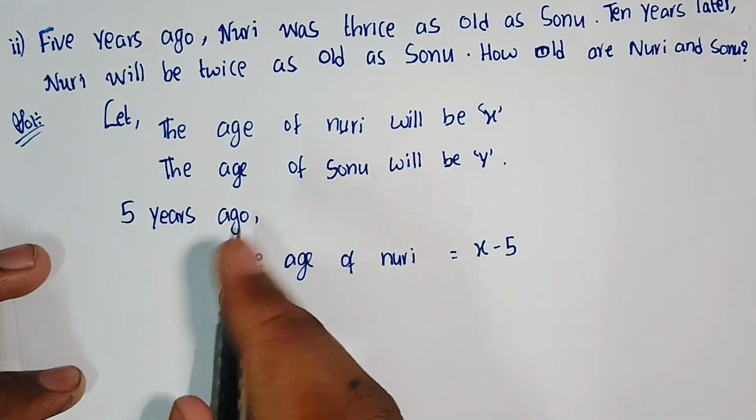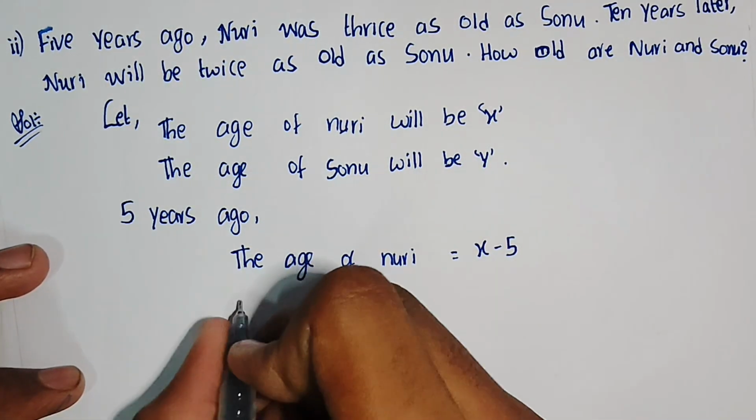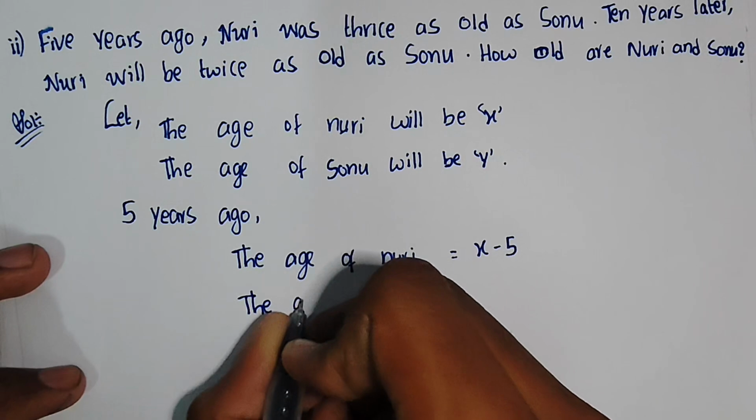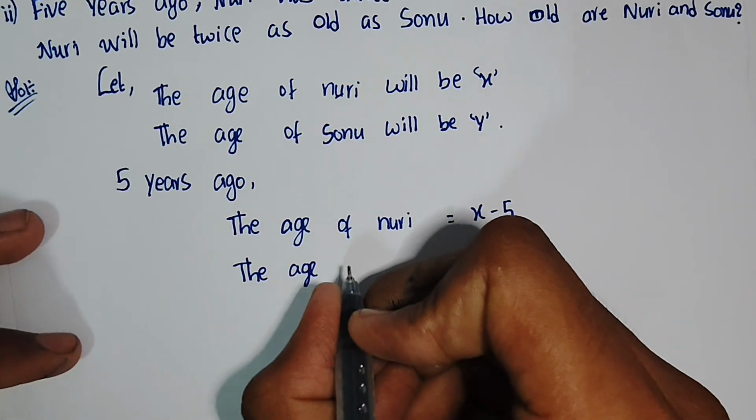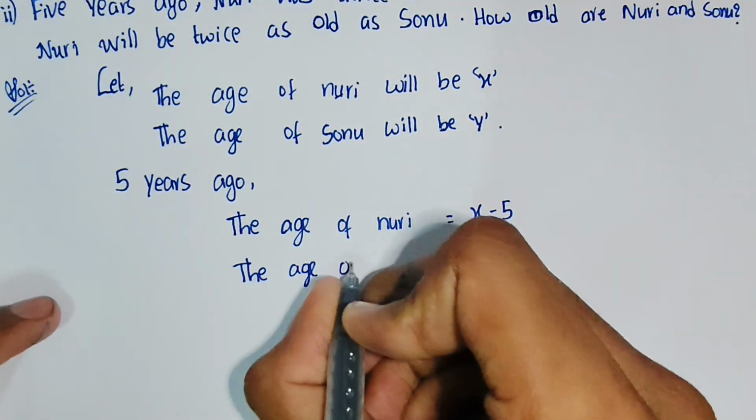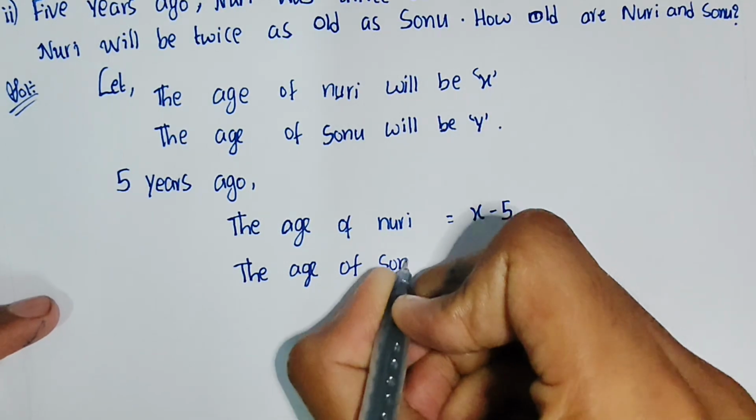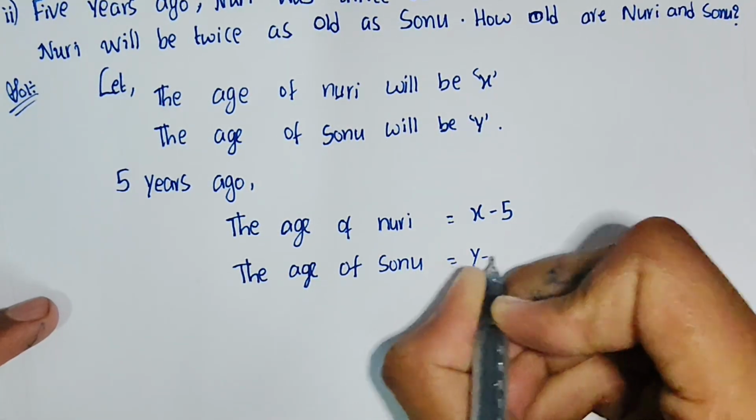Why? Means he said ago. After, the age of Sonu equals y minus 5.